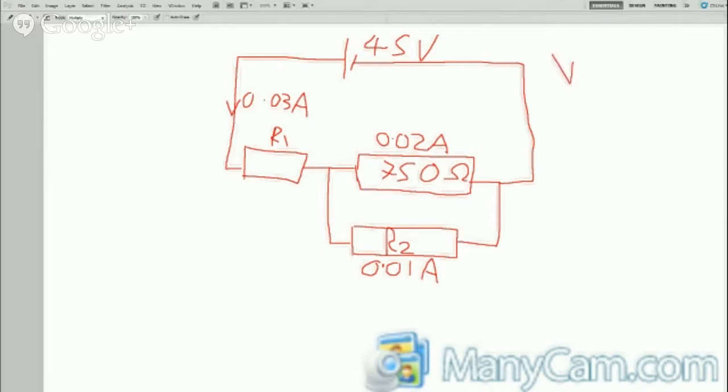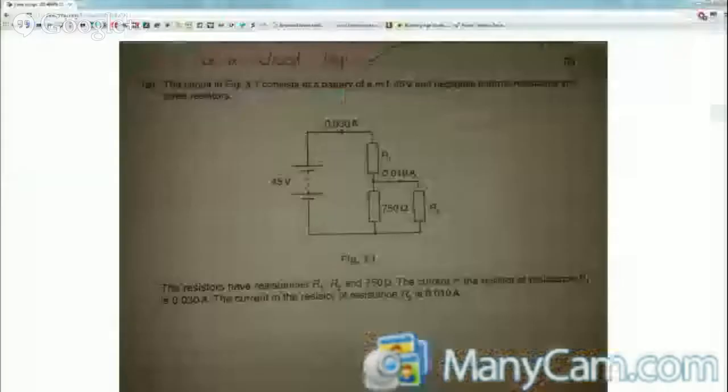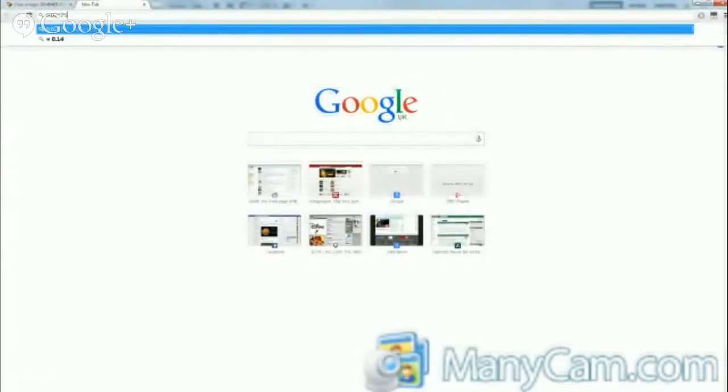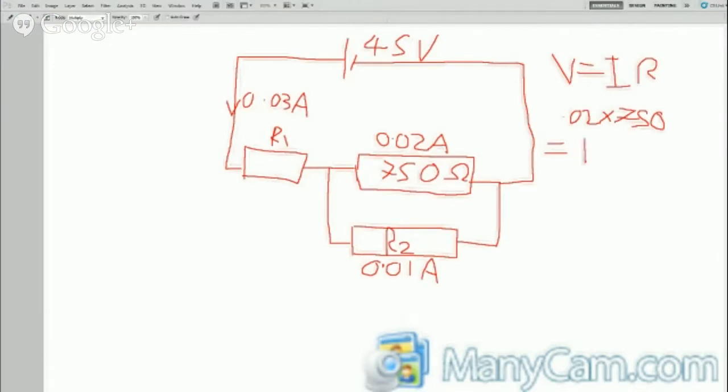So using V equals IR, this voltage is going to be 0.02 times 750, which comes out as 15, so that gives us 15 volts. 15 volts across this one means R is equal to V over I, which is 15 over 0.01, which is going to be 1500 ohms.